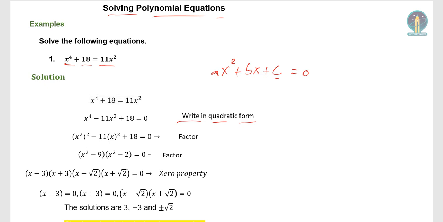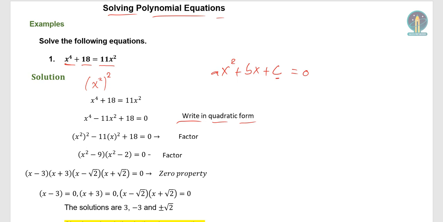So we have x to the fourth plus 18 equals 11x squared. You might think this is the square term. It is x squared, but relatively speaking, this will be the square term or the quadratic term, because now when we break it, it'll look like this, right?